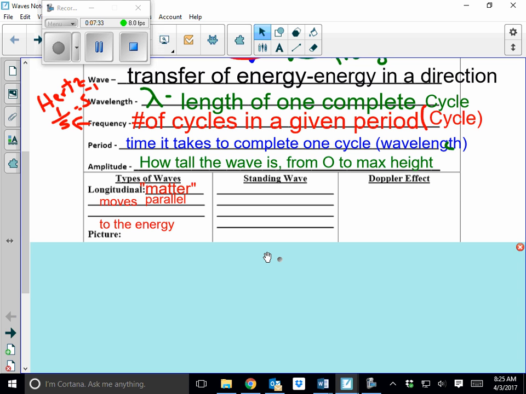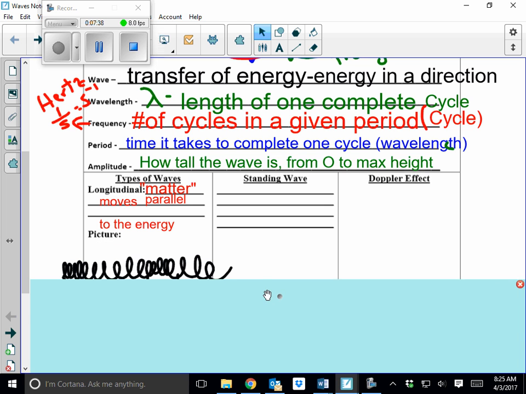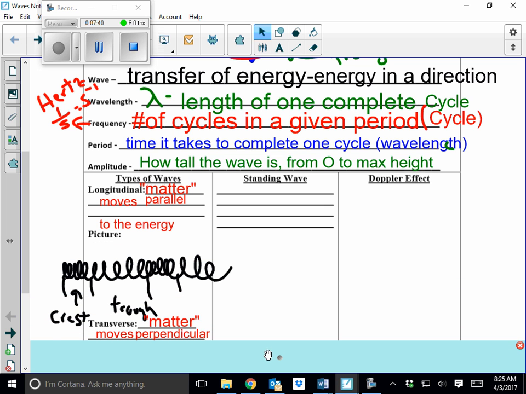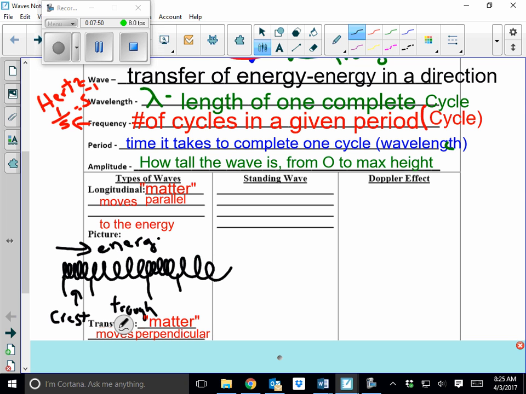So the material's moving left and right, and so is the energy. A picture of this, I tried to draw it the best I could: here's the spring, and I pulled it back. So the energy is going left and right, and so is the material. So longitudinal, the energy goes left to right, and so does the material, aka parallel to the energy.